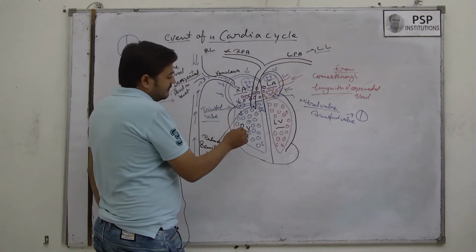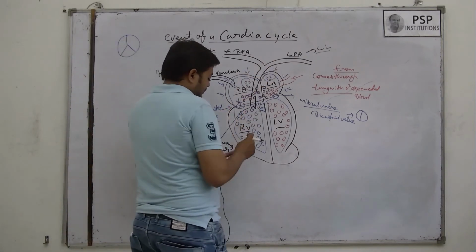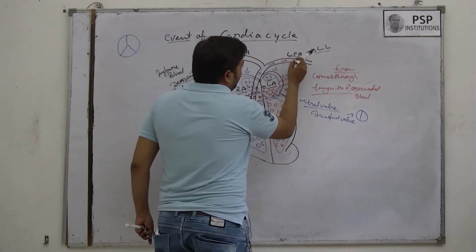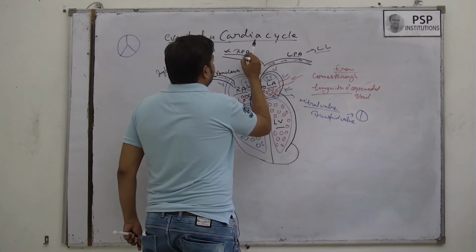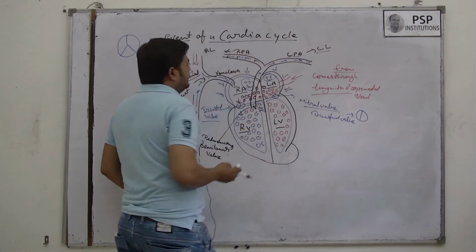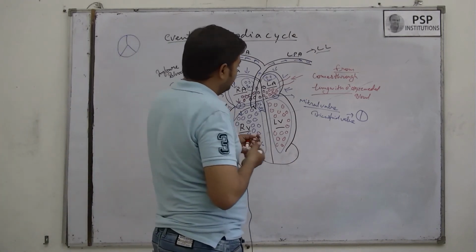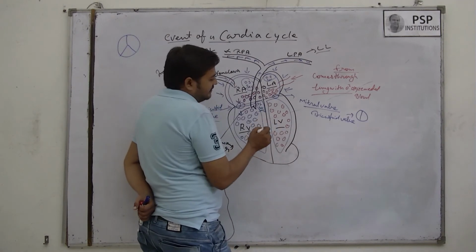From where? From the right ventricle. Deoxygenated blood goes from here. Where in the diagram it is blue, it is deoxygenated blood. Okay, mind it.